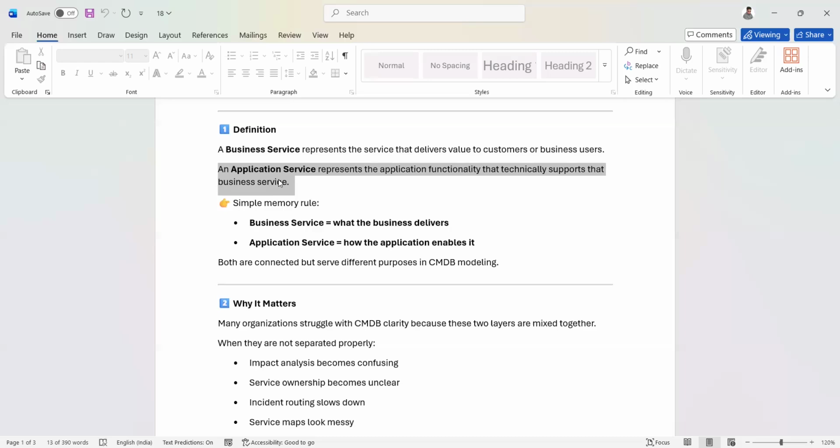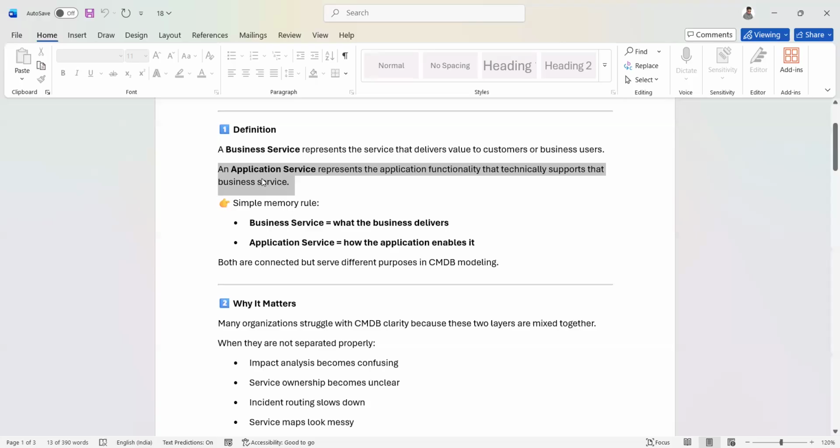We need an application like HDFC Bank or ICICI Bank to use online banking. For online shopping, we need the Amazon app or the Flipkart app. So with every business service, there is an associated application service that is mostly an IT component. These are all connected.